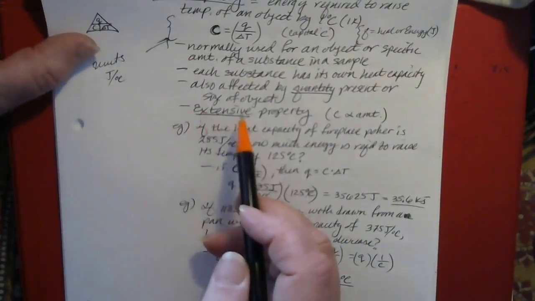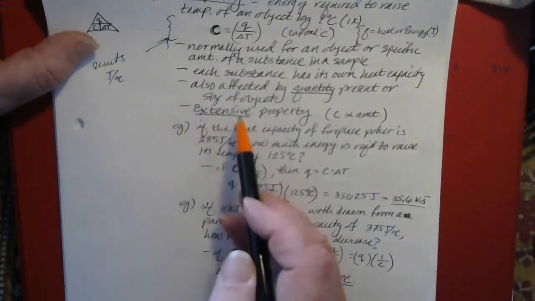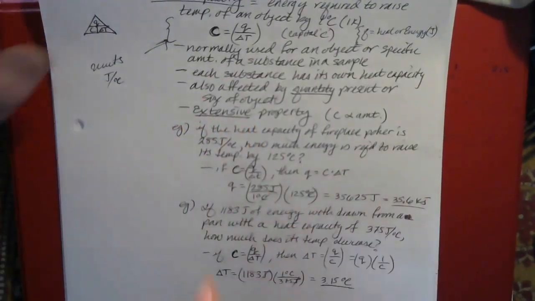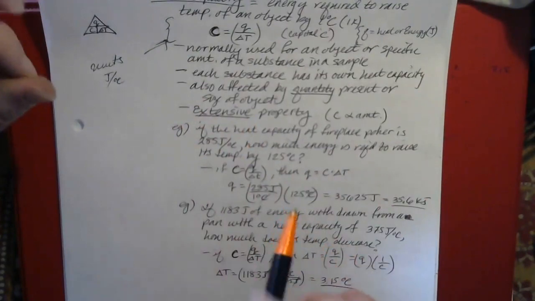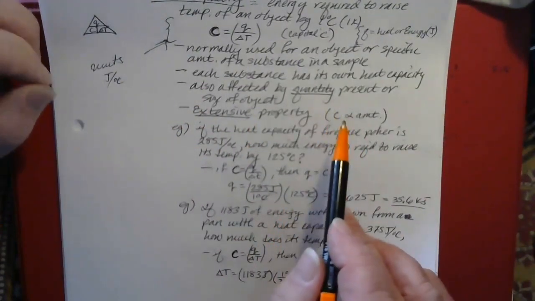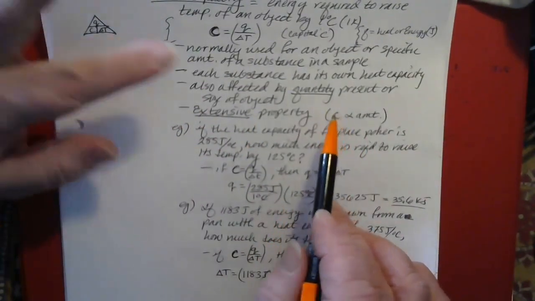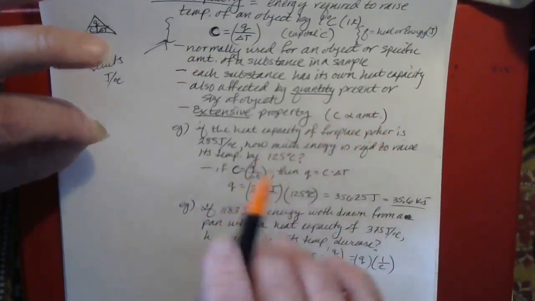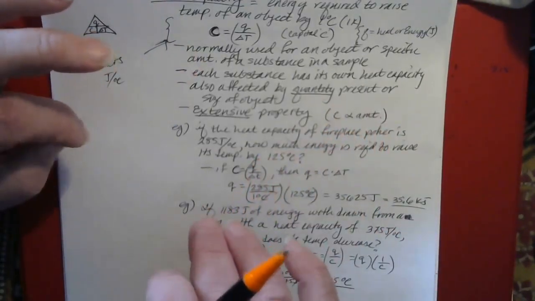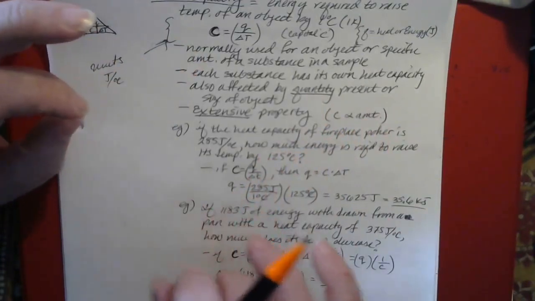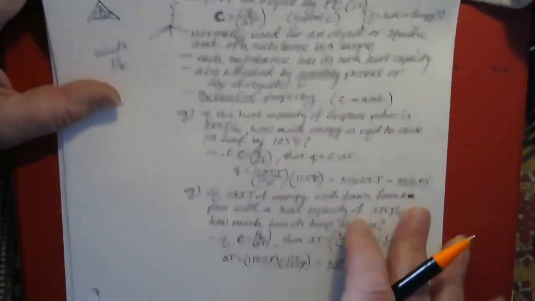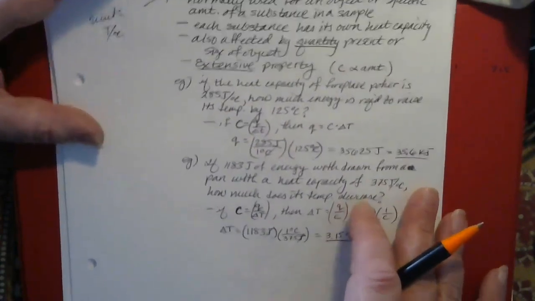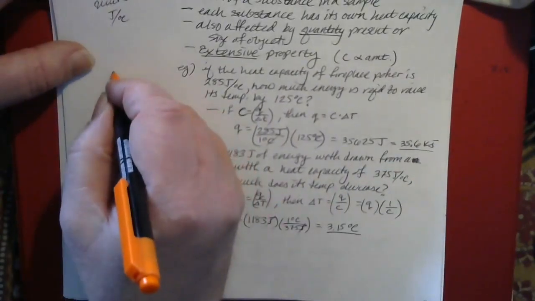And that makes it an extensive property. In other words, it depends on how much of the stuff you have. As it turns out, the heat capacity is directly proportional to the amount of the stuff that you've got, usually expressed in mass. So here are some examples of what you can do with this equation.